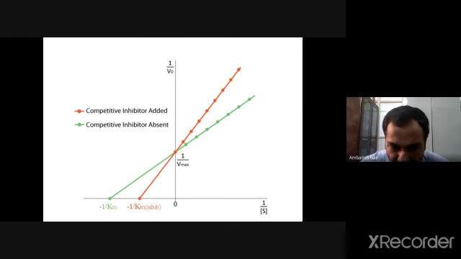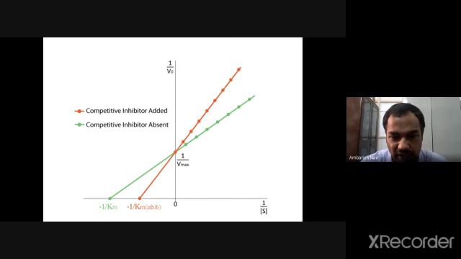Here it is not Vmax, it is 1 by Vmax. Here it is not Km, it is 1 by Km. So in the first case, Km is increasing. Why is it increasing? It is moving far away from zero. On the minus scale, if any number moves away from zero, it is increasing. If it is coming closer to zero, it is decreasing. Sorry, it is increasing, because it is reducing its minus value.